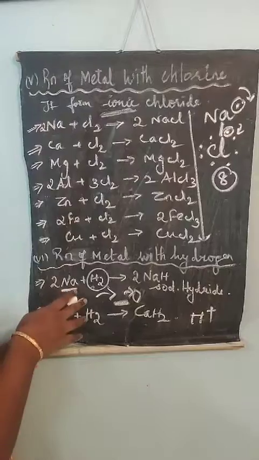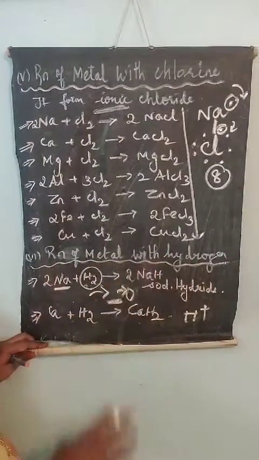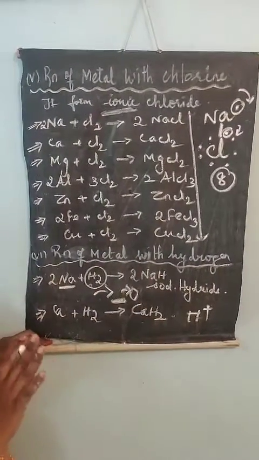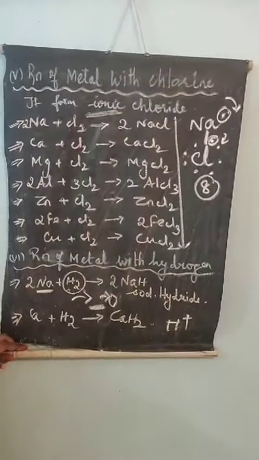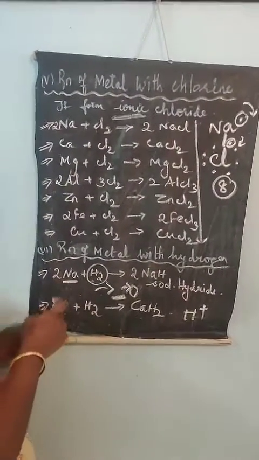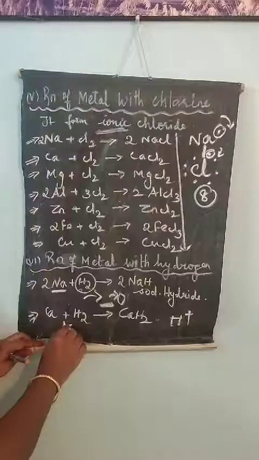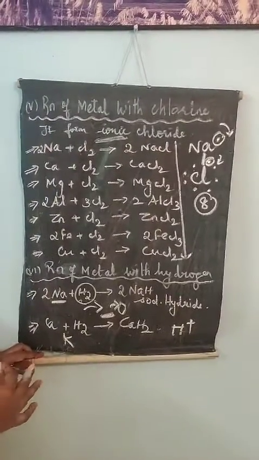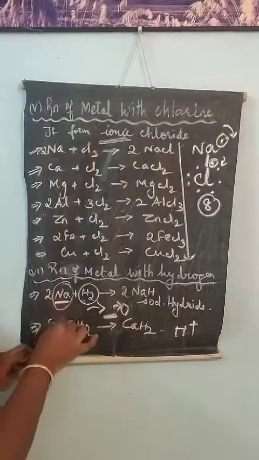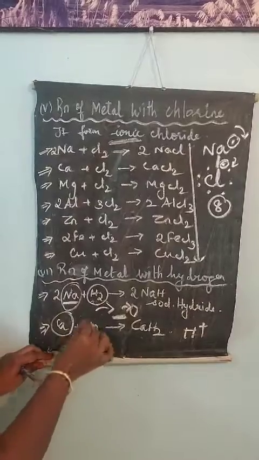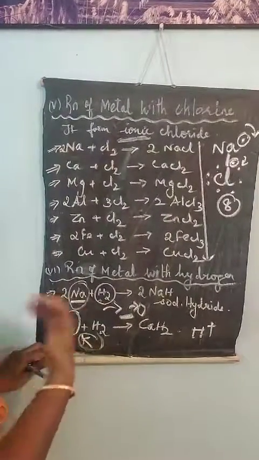So in this case, when a metal reacts with hydrogen, all the metals will not react with hydrogen. Only few metals like sodium, calcium, potassium will react with hydrogen. And these type of metals will force the hydrogen to get one electron.